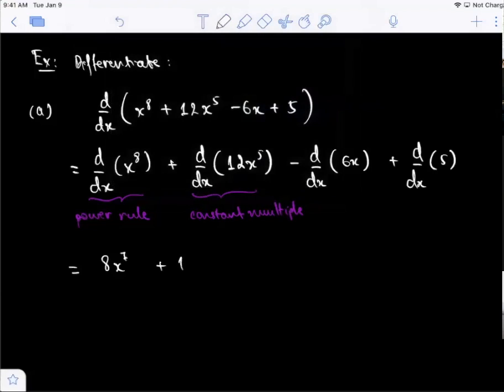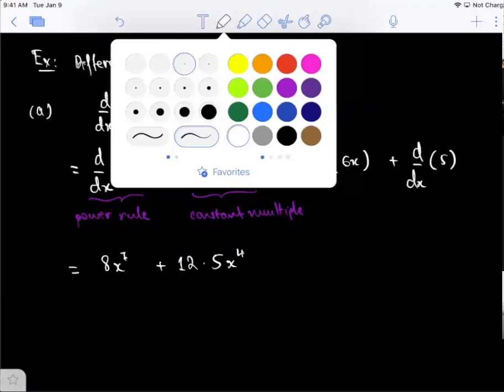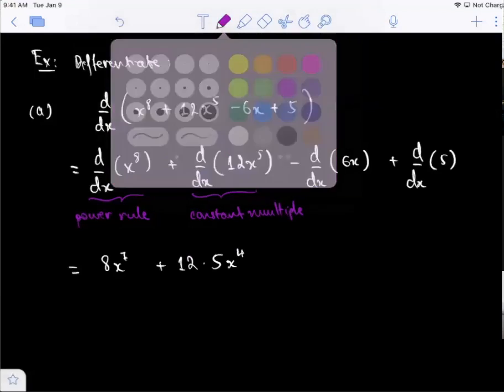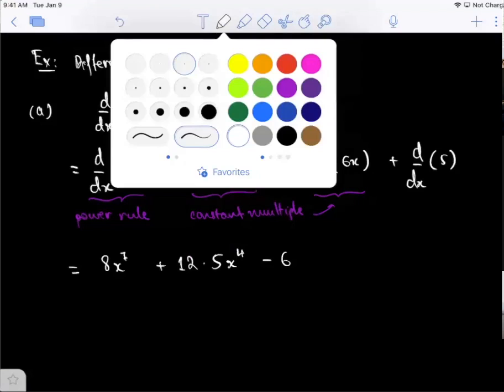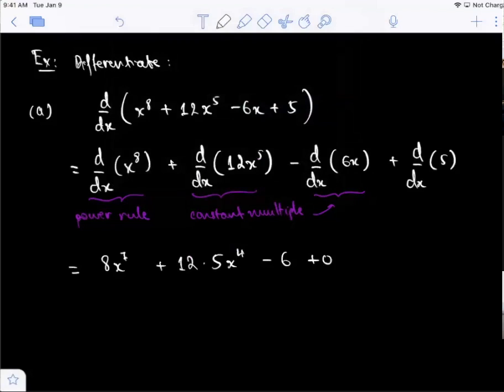This gives me plus 12 times 5 times x to the 4th. I just take the derivative of x to the 5th power. And for the next one, I also use the constant multiple rule, and I get minus 6 times the derivative of x, which is just 1. And for the last term, the derivative of a constant is 0. So I'm going to put 0 here just to indicate that the last term is a constant function.